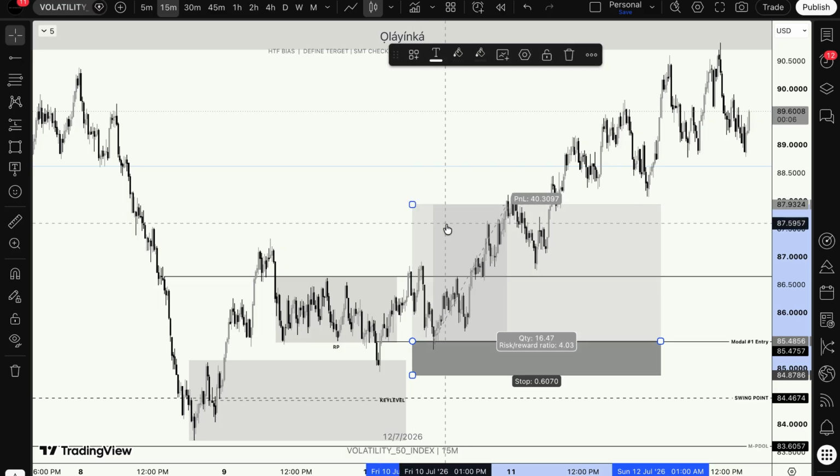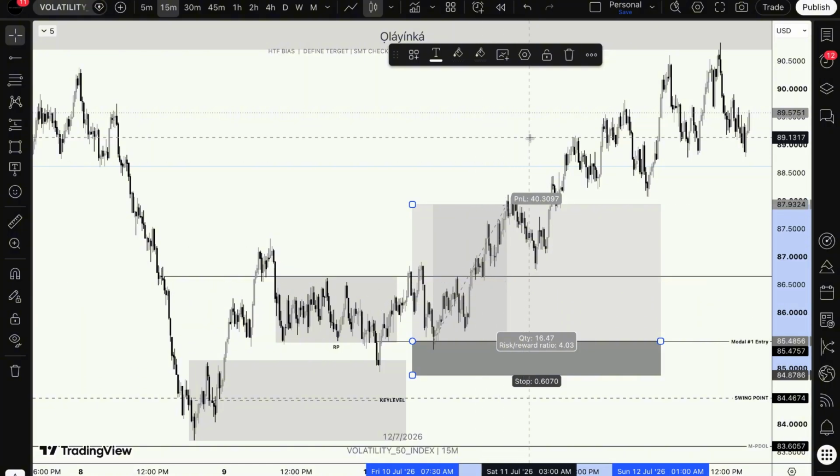Sometimes price will come close to this 5 hour, go back to your entry and still go back to the target. That emotional roller coaster, I'm not strong enough yet to start experiencing.